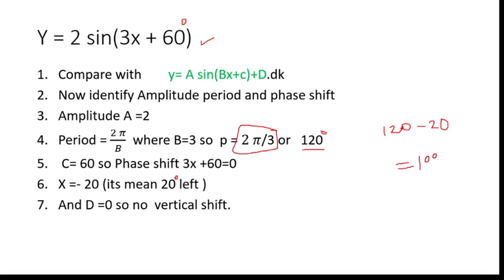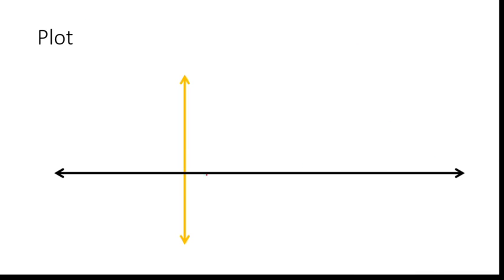Okay, for example, this is a graph. We move negative 20 degrees. Our graph is not in standard position, not at the origin. We are moving 20 degrees, here is some 0, and at 100 degrees our graph repeats its value.